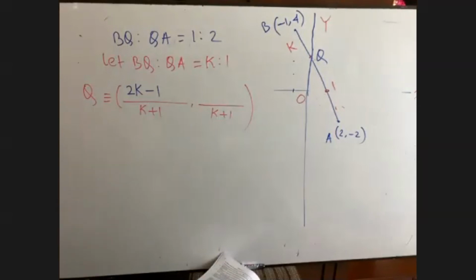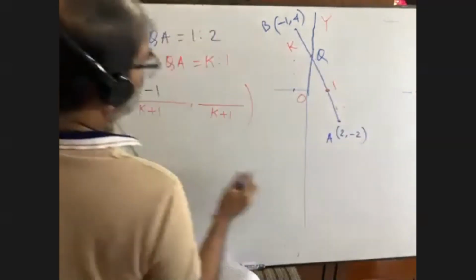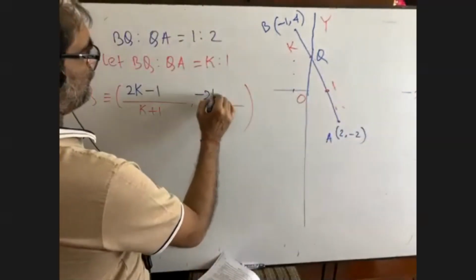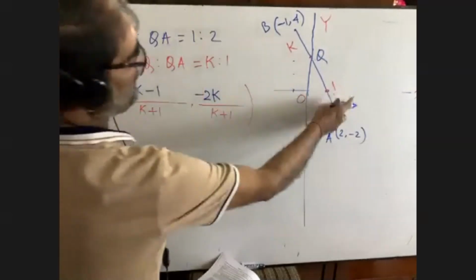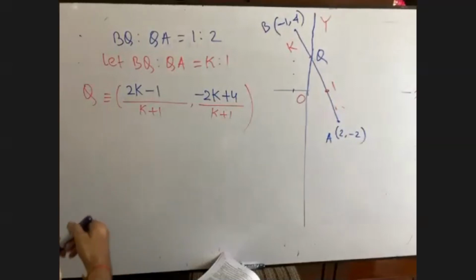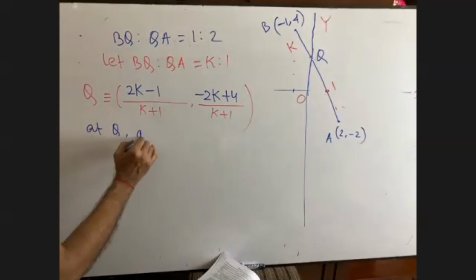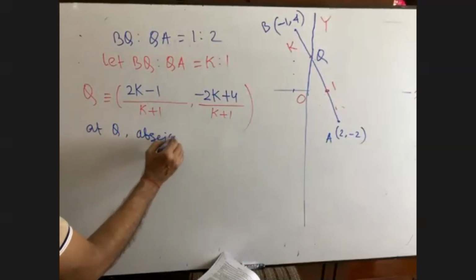2k minus 1. Then k into minus 2, minus 2k, 1 into 4 plus 4. At Q, the abscissa is 0, right?